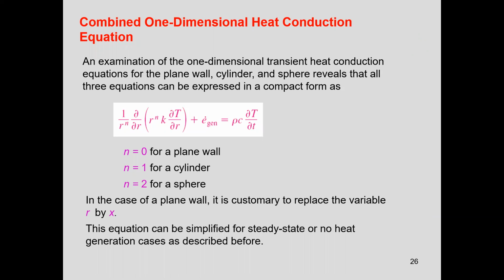In the case of a plane wall, it's necessary to replace the variable r by x. This equation can be simplified for steady state or no heat generation cases as described before.